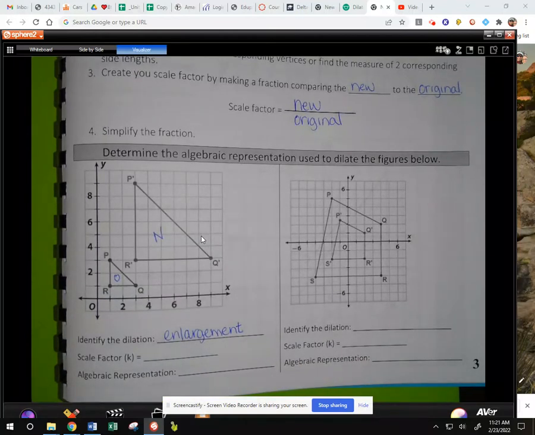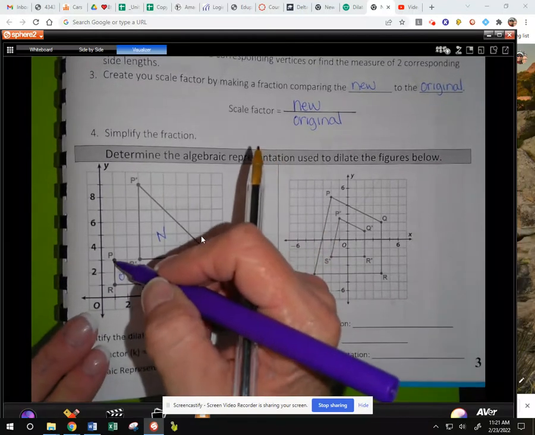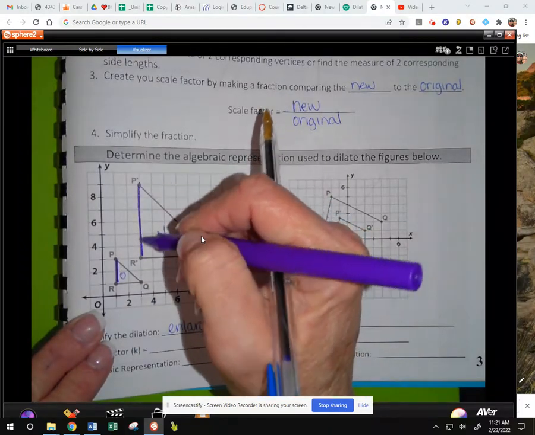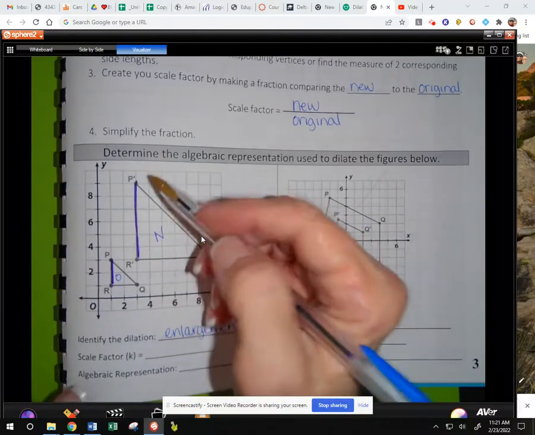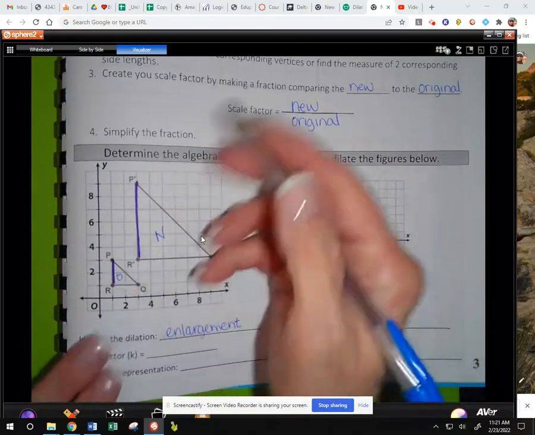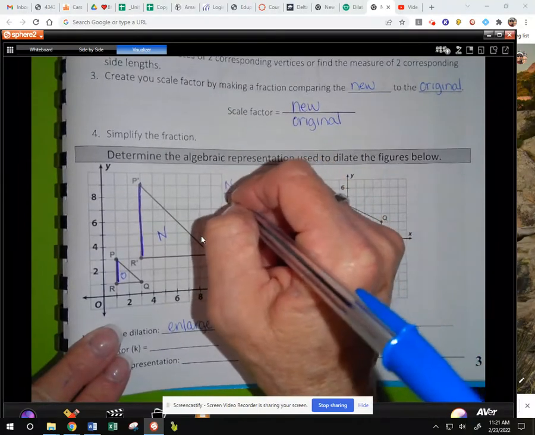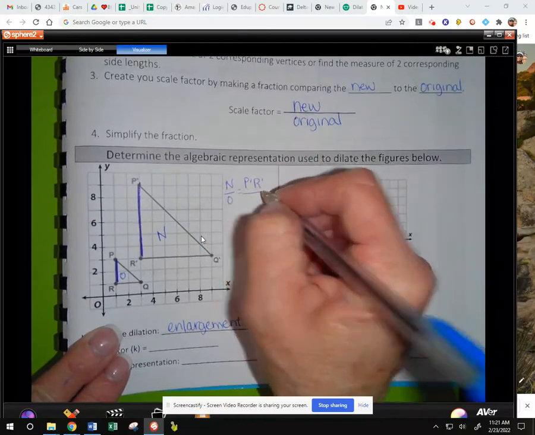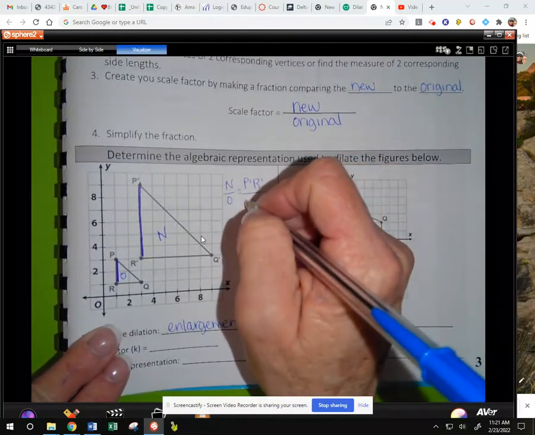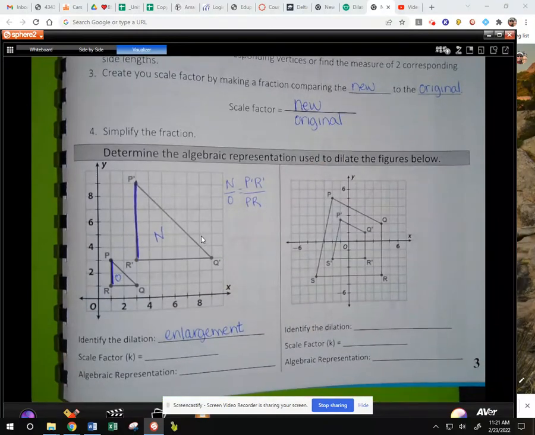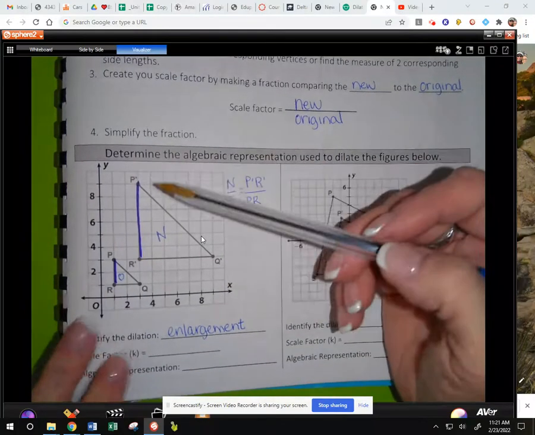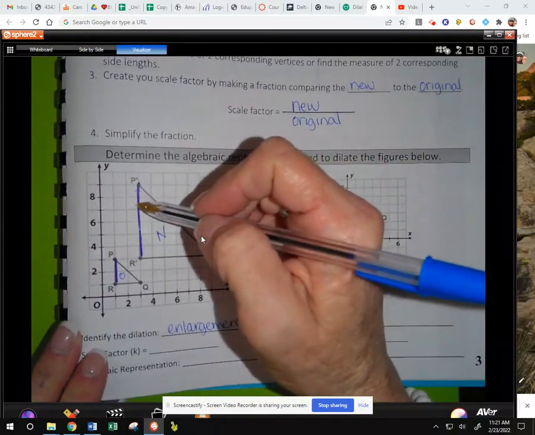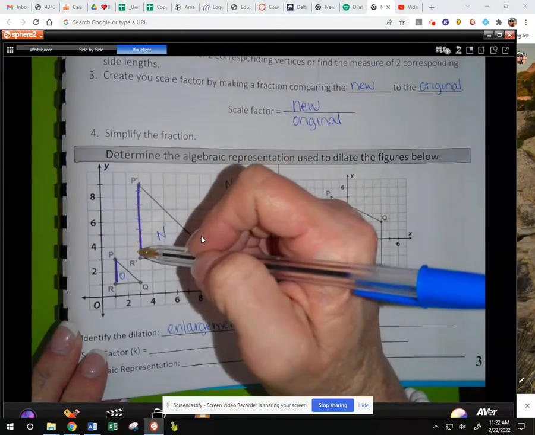Now I need to determine the scale factor. So I can determine it by picking two corresponding sides. So I'm using P prime R prime and PR, which is new over original. So P prime R prime, I'm using the same corresponding side, PR. Well, these are letters, I need numbers. So I'm going to count P prime R prime, and I get 1, 2, 3, 4, 5, 6.